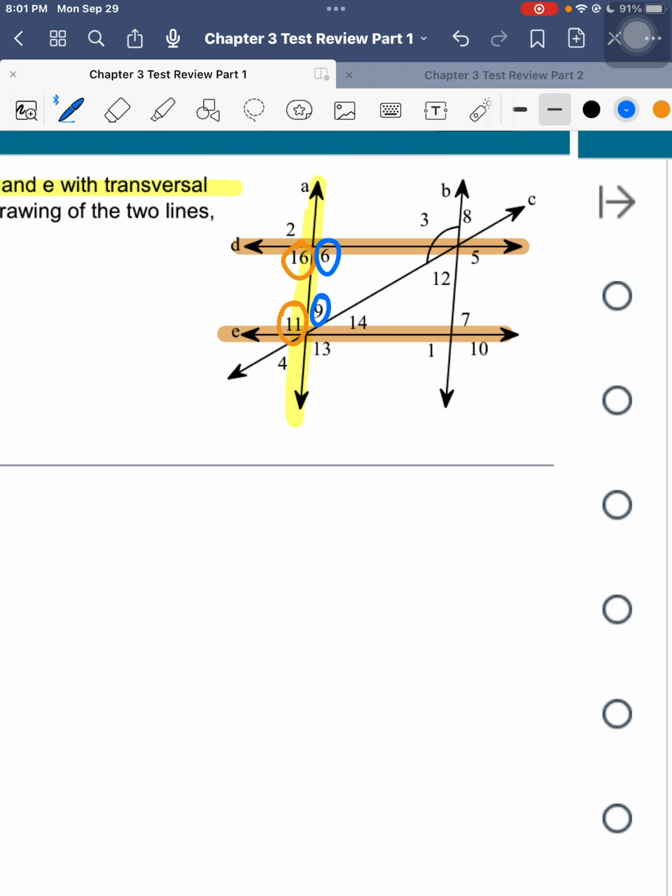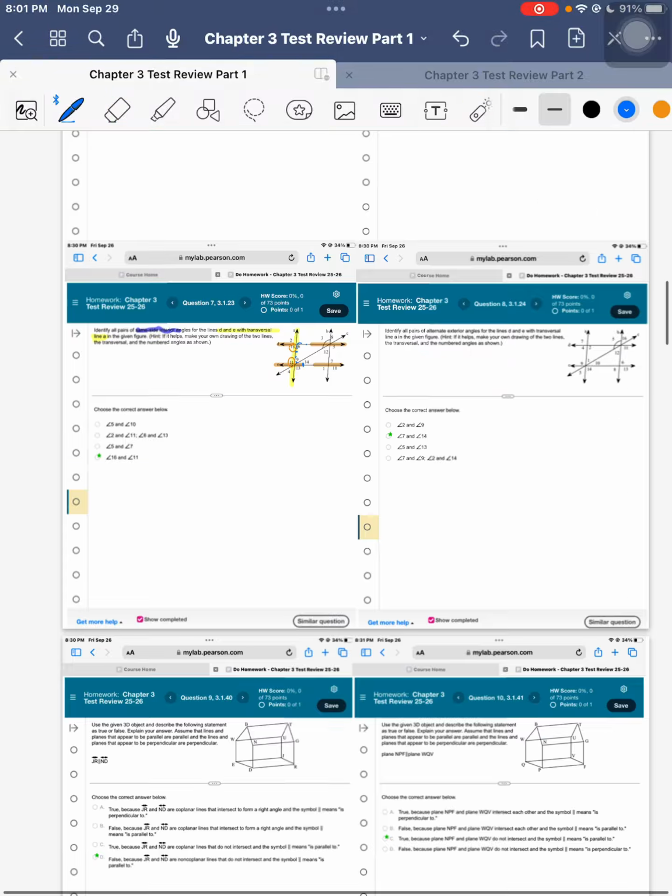The same side interior. That's pretty easy. That's 16 and 11. Once again, 6 and 9 do not work because this guy's same side interior is this entire angle, this 9 plus this 14. And since we don't have that whole angle, these two on their own are not same side interior.